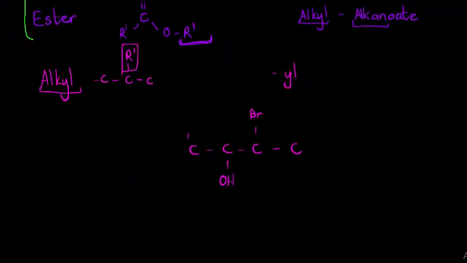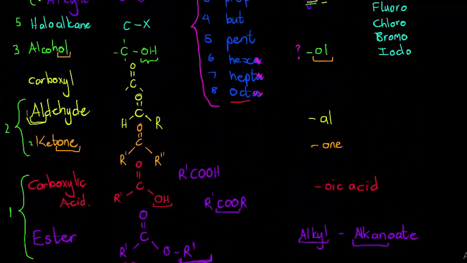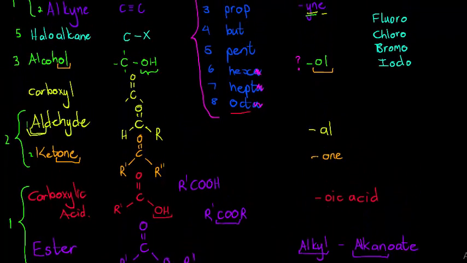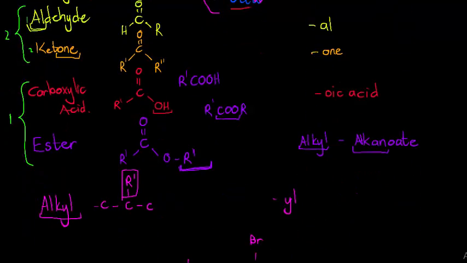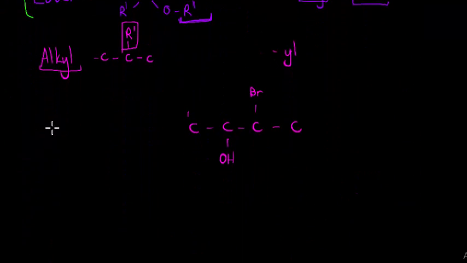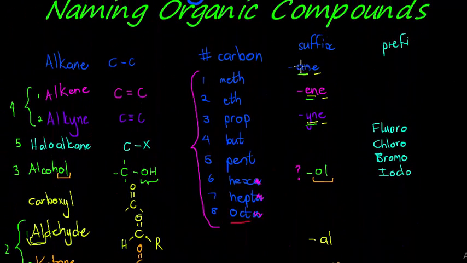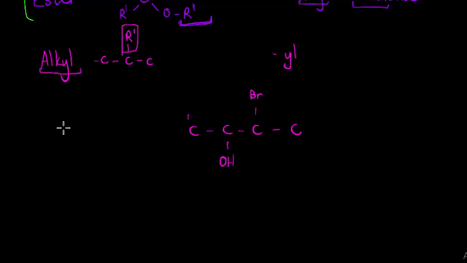The only additional thing I want to mention is, let's say we have any of these functional groups more than once in a chain, then we would use a prefix in front of the suffix. So here's the suffix. We will use something in front of it, like diene or triene or tetraol, and that depends on how many of those there are in the functional group.